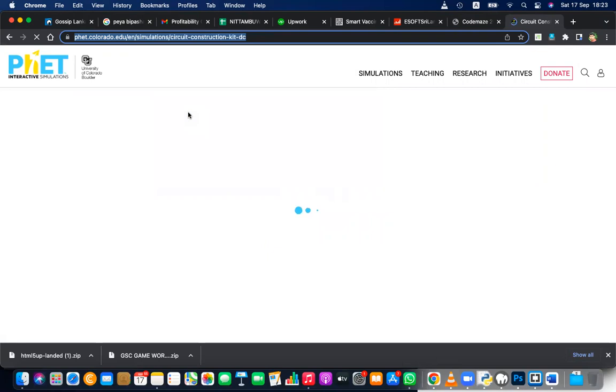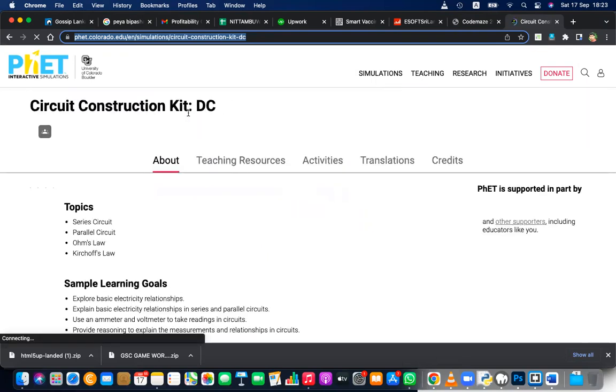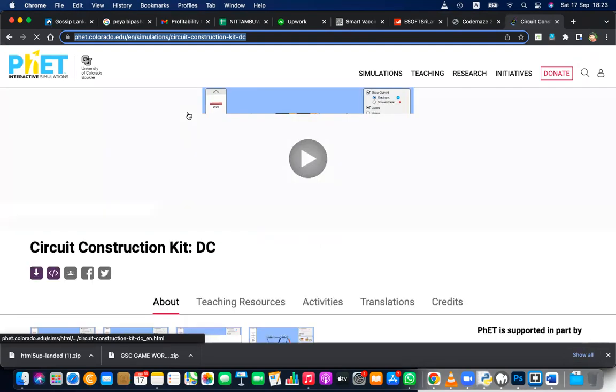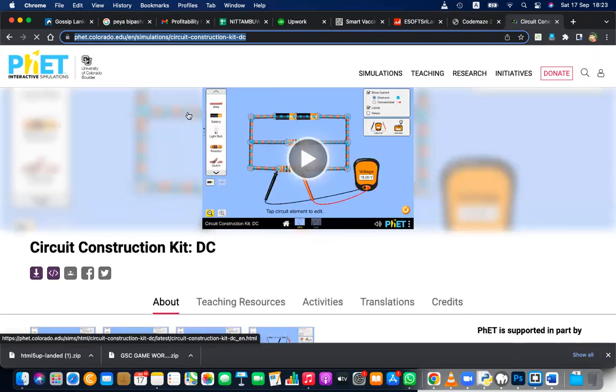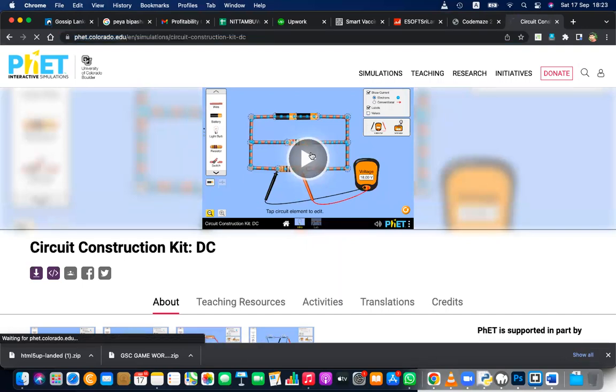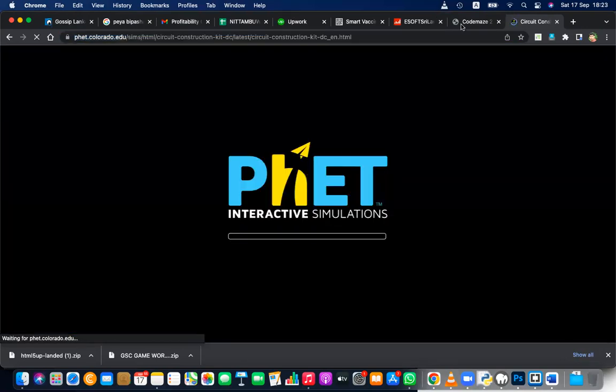This is a simulation software, actually web-based simulation given by Colorado University, where everyone from kids to university students can do their studies using interactive animations. Here I'm sending you the link. You can also try this using your mobile phone or your computer.